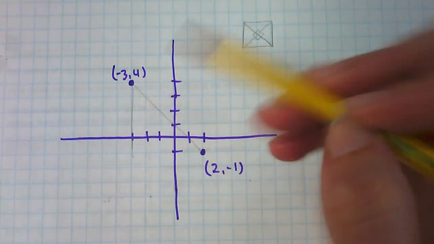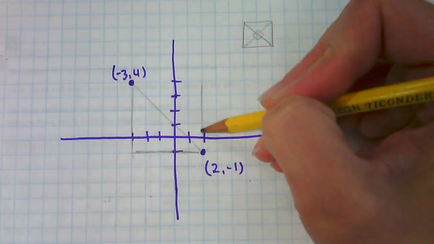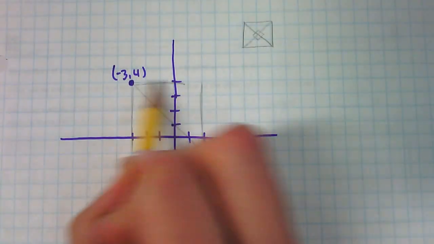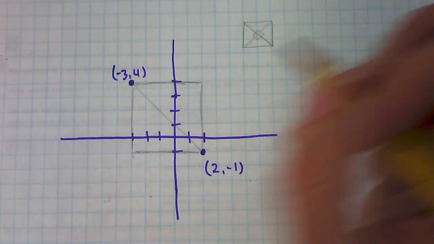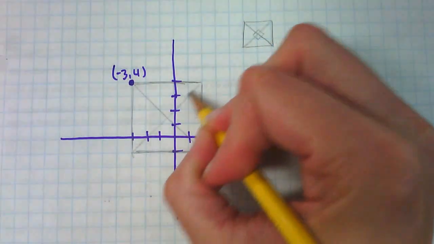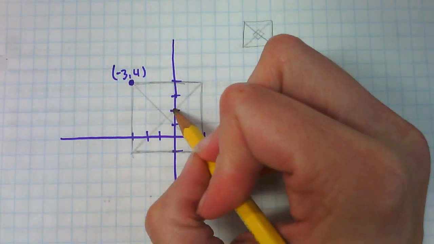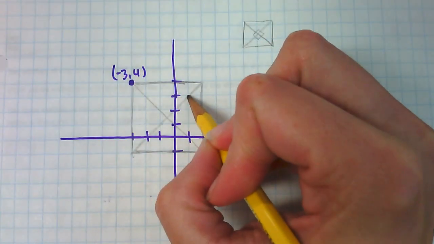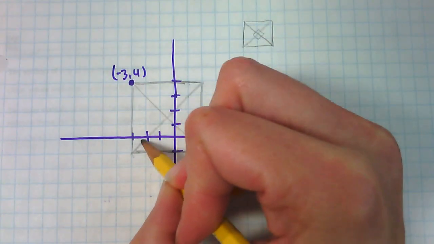I could sketch a square out. So I have scratch paper, right? And if I wanted to sketch a square, I could sketch a square like that. Okay, and if I put my diagonals in, then I could see that this diagonal does go up 1 over 1, up 1 over 1. So the slope of this line is correct.